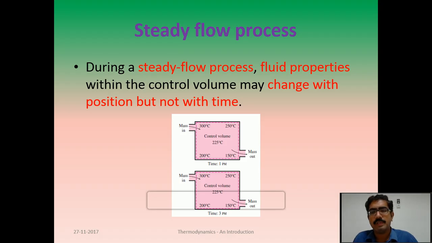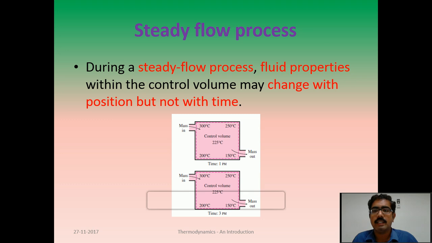Again, if you see after 2 hours, that is 3 p.m., the system will have the same temperatures: 300, 250, 200 and 150, even though mass is entering and leaving. That means the fluid properties do not change with respect to time. That is known as a steady flow process.